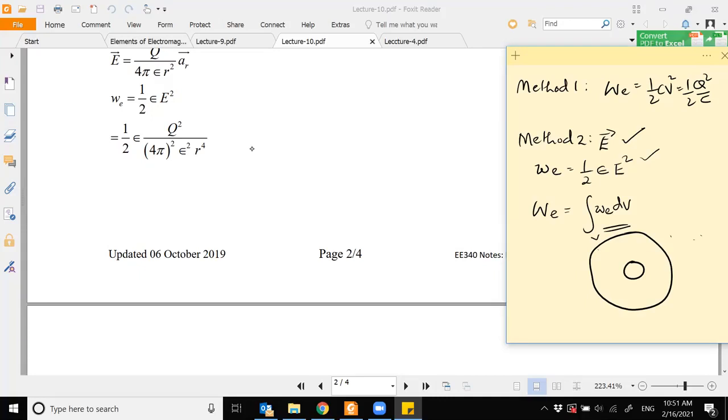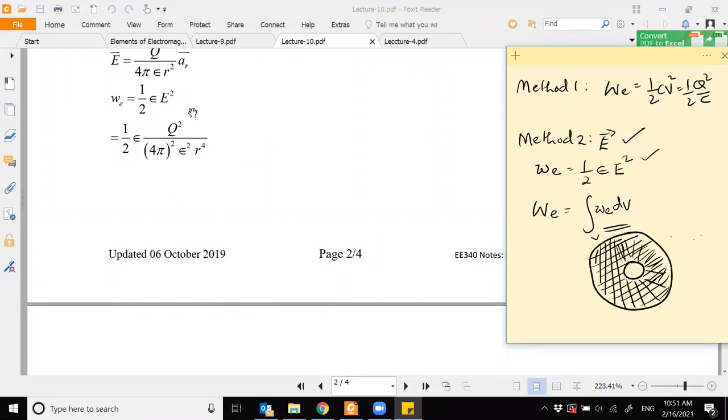Exactly, because your electric field is existing here, right? Guys, my electric field is in between these two conductors. It is radial. Because the electric field exists between the two conductors, the energy will be carried by the electric field. Therefore, you have to integrate it over the volume between the center conductor and the outer conductor.